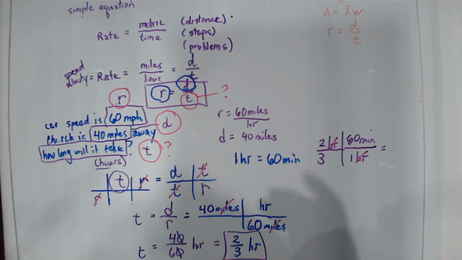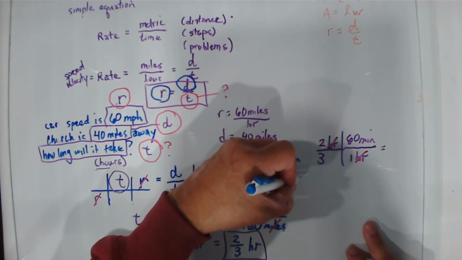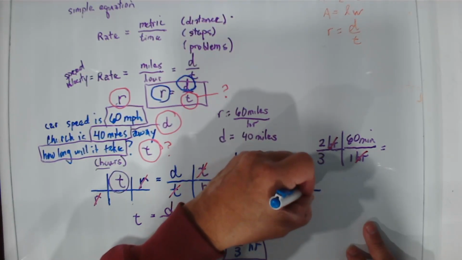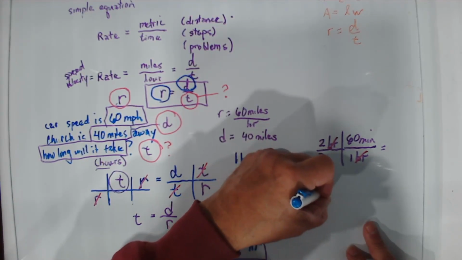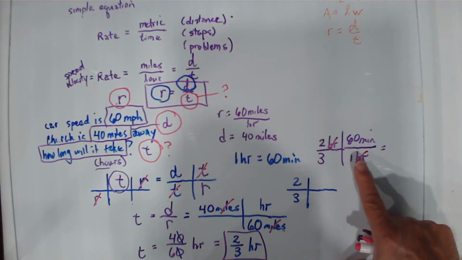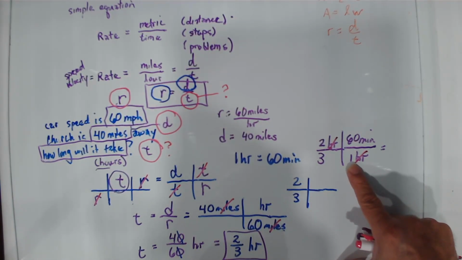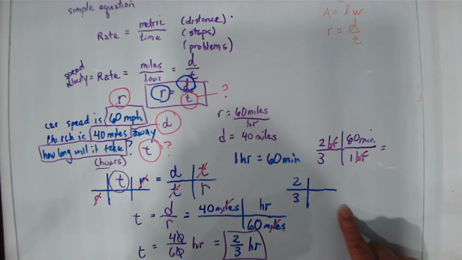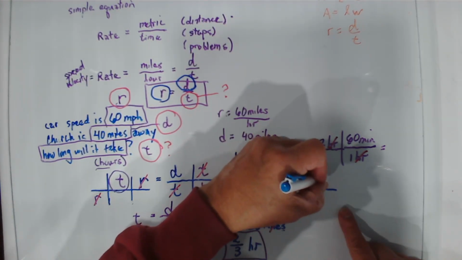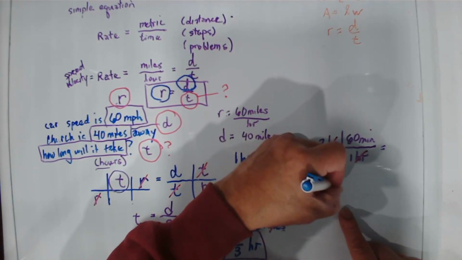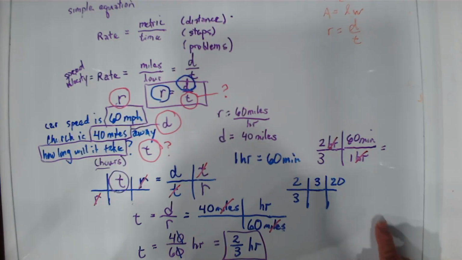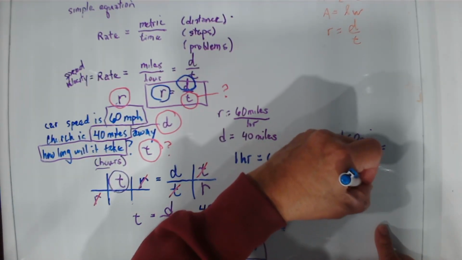Okay, so let's start working through this a little bit. I've got 2/3 times 60. What are the factors of 60? And I want to see, is 3 a factor of 60? I think it is, because I can go 3 times 20 will give me 60, right? Okay, good. So that gives me minutes.